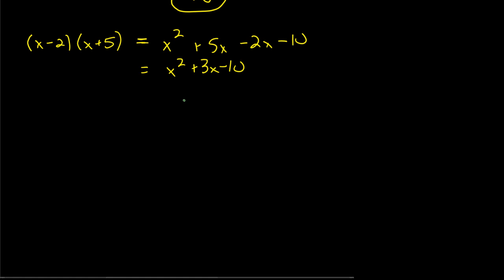Well, let's look at the remainder theorem. Let's say f of x is x squared plus 3x minus 10, and I'm going to divide it by x minus 2. Do I have a remainder? So I'm going to put f of 2 in.